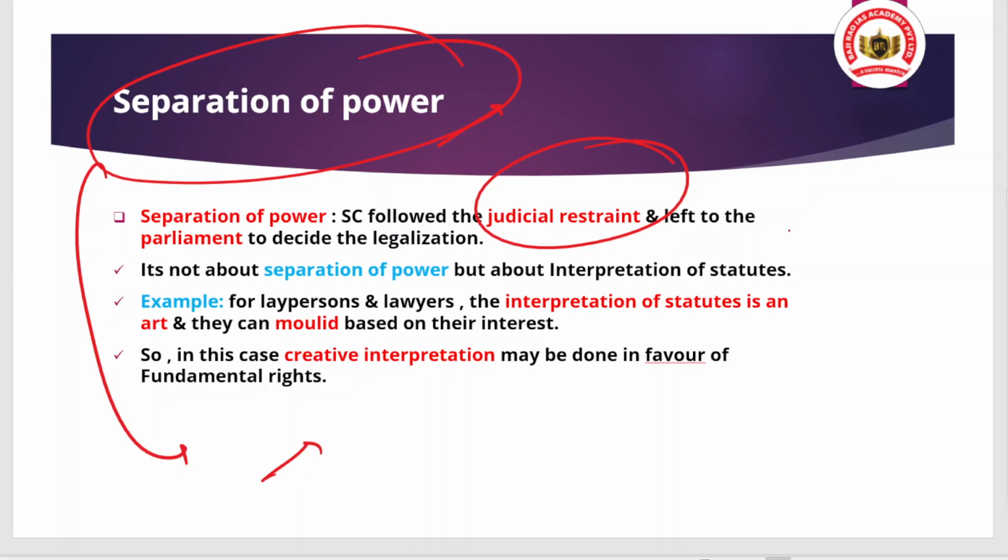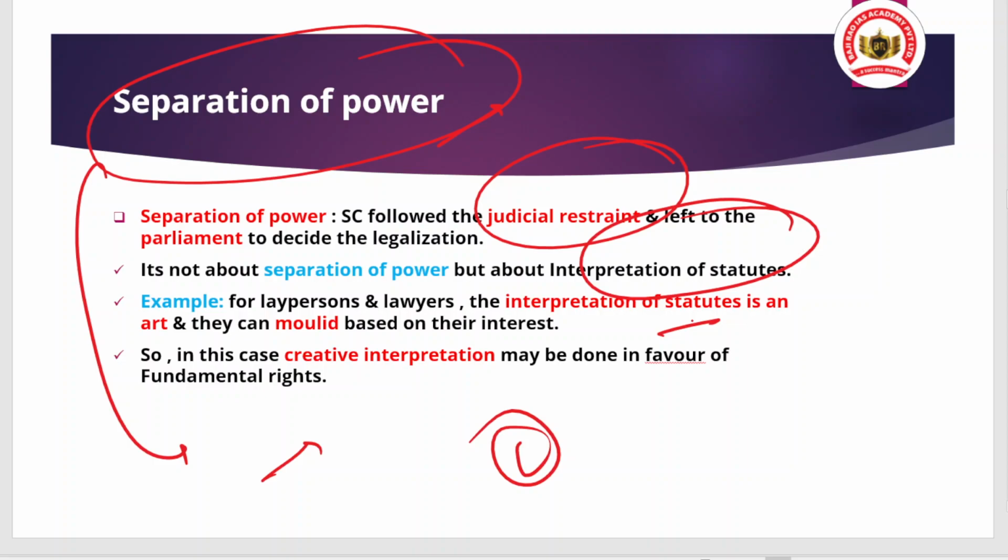It is basically about how you interpret the statute, the provisions of the Constitution, or the laws. Remember that lawyers or lay persons may interpret the statute or the law in different ways, and this is their art, their simple work, and they can mold the statute and the discussions based on their interests.